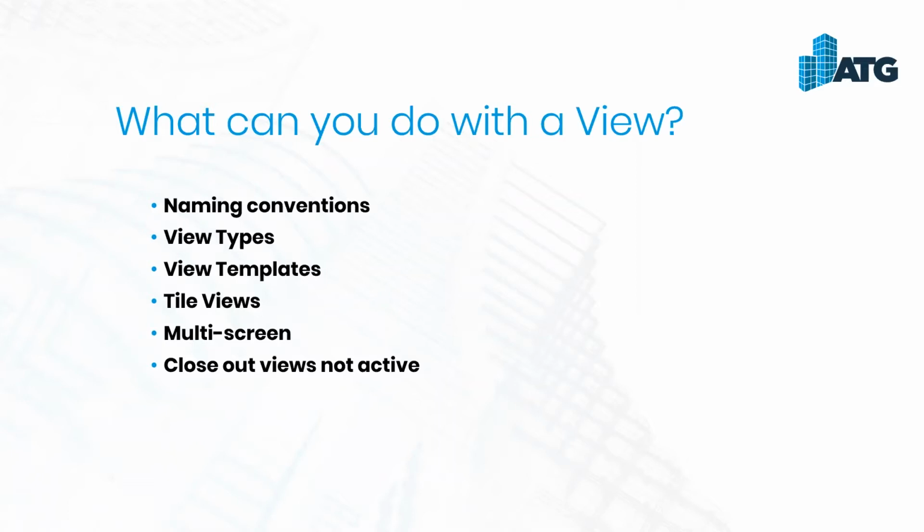Now, while you're working in a view, one of the benefits that you might have is being able to tile views. The keyboard shortcut, an easy one, is simply WT to tile the views that you have active.